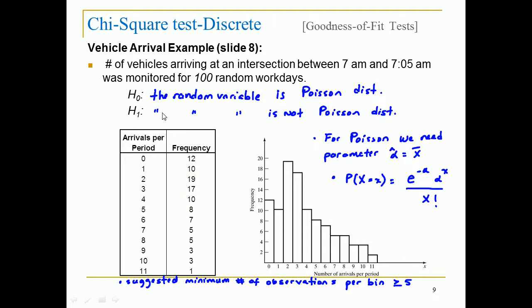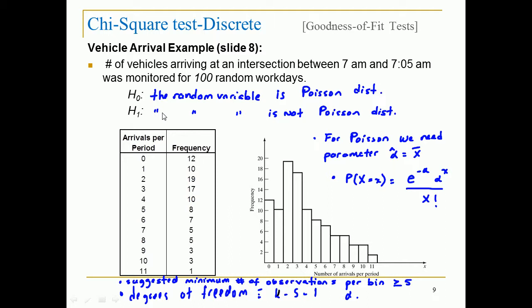And for this case, we need to compute the number of degrees of freedom. So the degrees of freedom is going to be equal to k minus s minus 1.